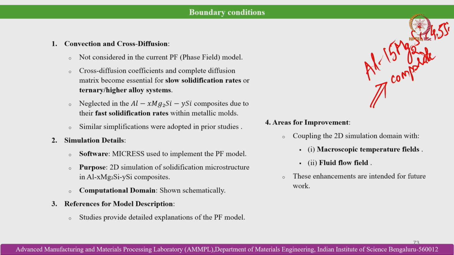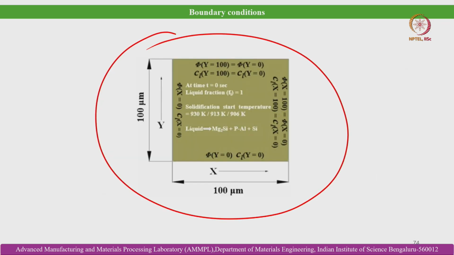And so, number 2, simulation details. The simulation has been performed using the MICRESS software, which is the phase field solver utilized to develop the present phase field model and to simulate the microstructure evolution for this class of Al-Mg2Si composites with extra silicon. The purpose is 2D simulation of solidification microstructure formation of the composite, and the computational domain is already shown in this slide.